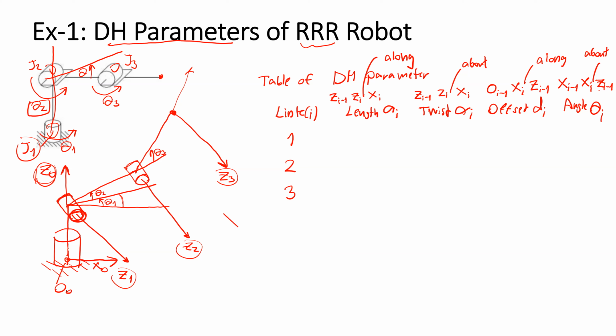With this idea, if you want to find the offset, the offset is the distance measured from O0 to x_i.